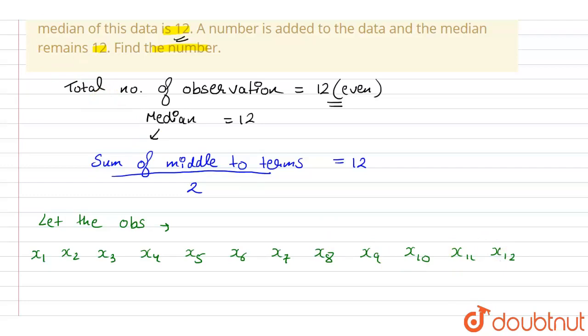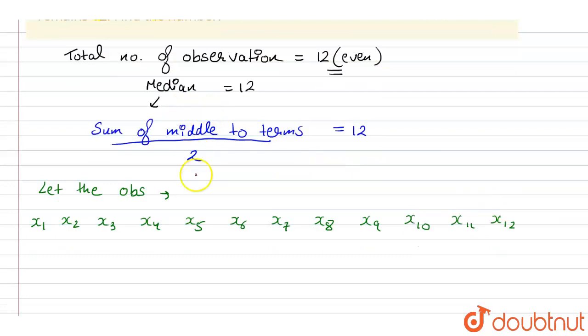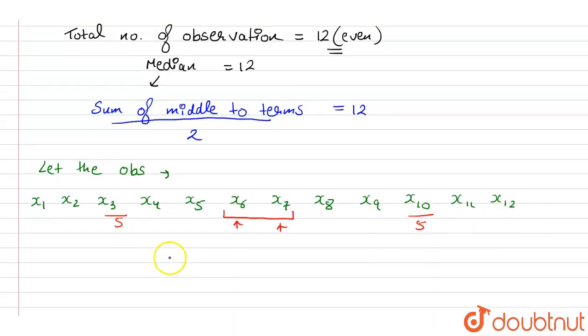These are the 12 observations. Now the middle two terms will be x6 and x7, because we are left with 5 terms on the left side and 5 on the right side. So x6 plus x7, that is the sum of the middle two terms, divided by 2 is given to be equal to 12, that is the median.